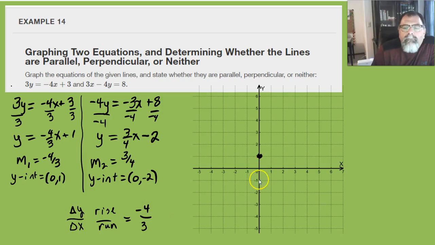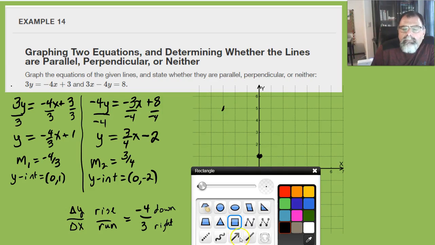So you go down 4, then run, that's x. Positive is right for x. So down 4, right 3. We can do it again. Or if I switch these signs, I can go up 4, which gets me to 5, and then left 3. Then I can draw my line through it.